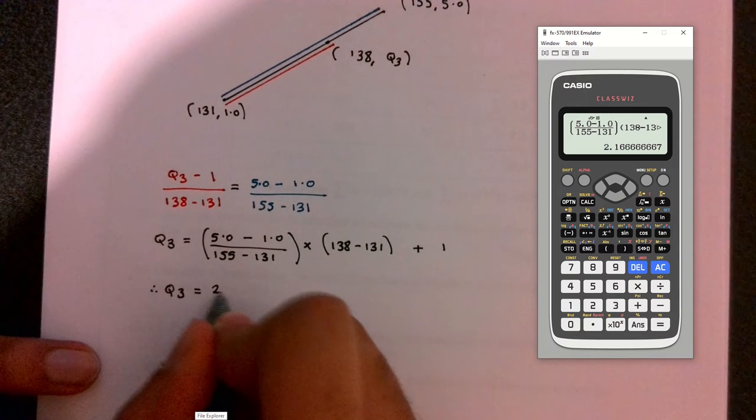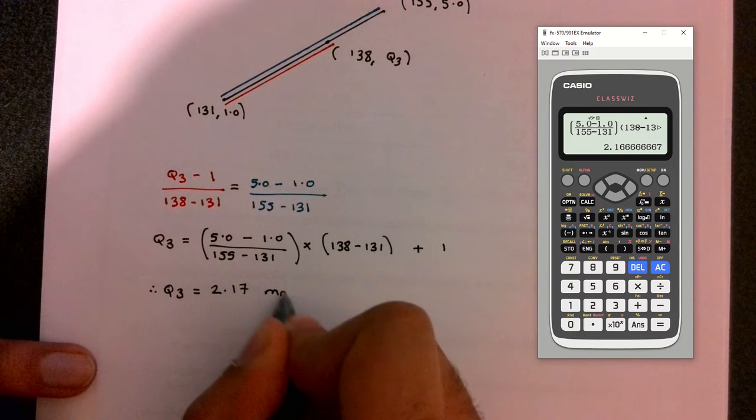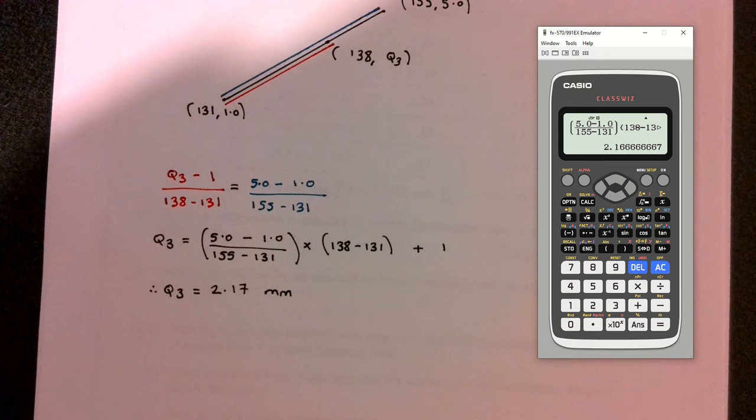So we have 2.17 millimeters of rainfall.